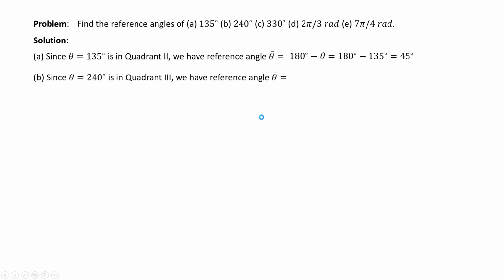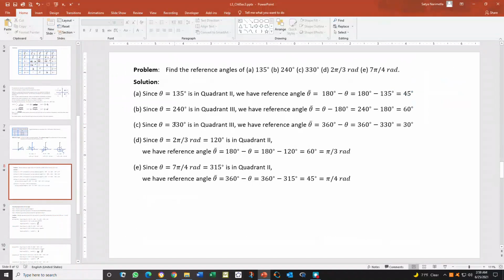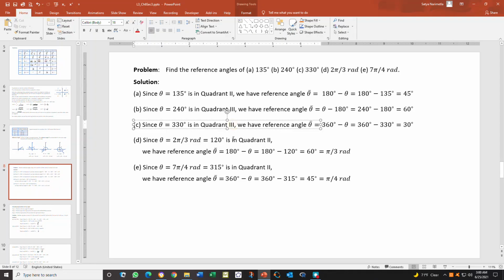Cool. 240, between what? 180 and 270? Yep, that's third quadrant. And for the third quadrant, what do we do? Theta minus 180. And so we get 60. 330 is in quadrant IV.